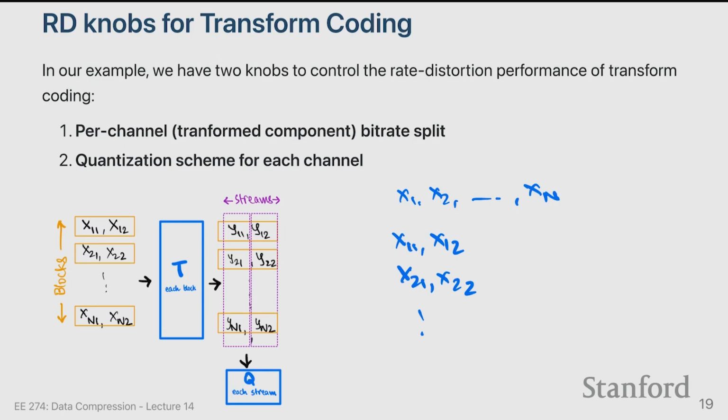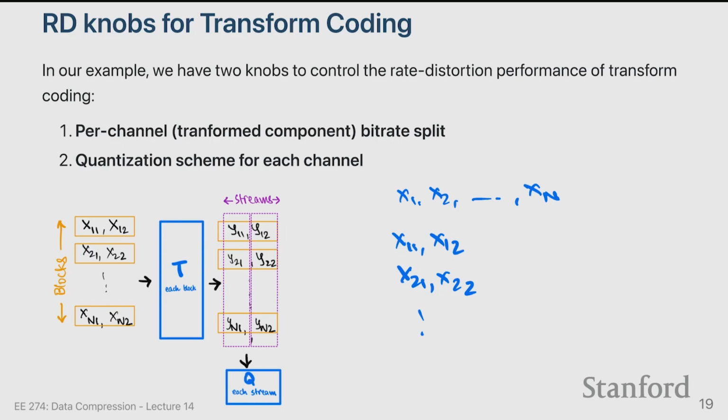Another thing I want to highlight through this example, a very common transform coding lossy pipeline, is: first you transform to blocks, which gives you the transform components, but then you independently quantize each stream. Why independently? That's where you take advantage of the fact that both streams have very different variances.